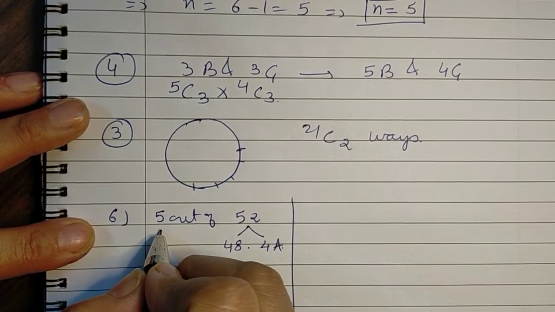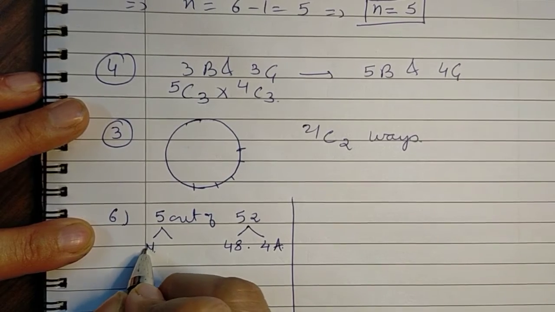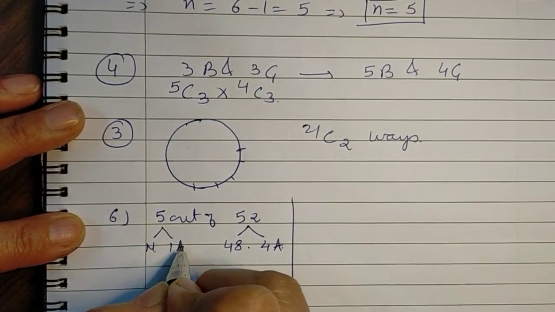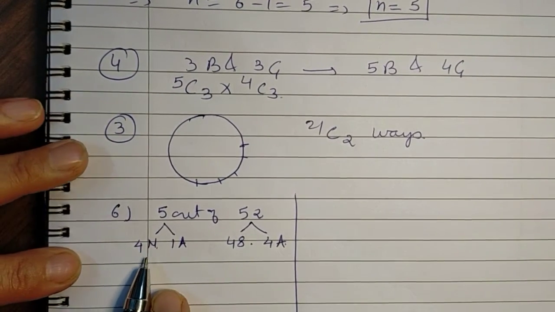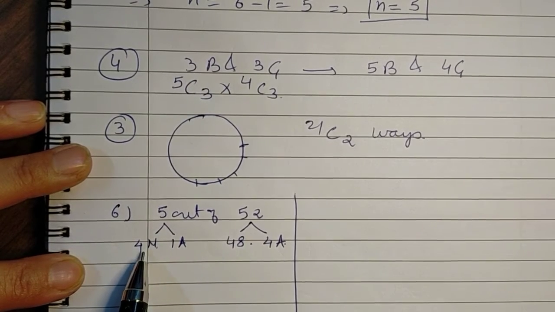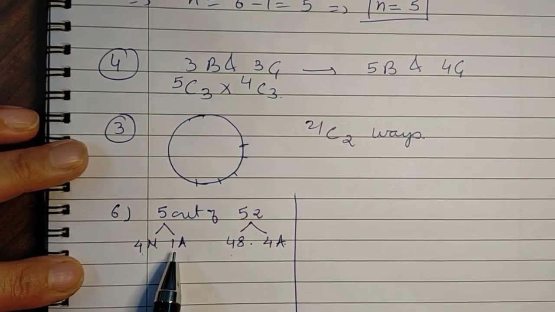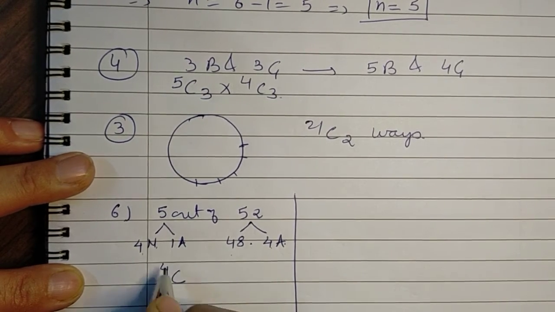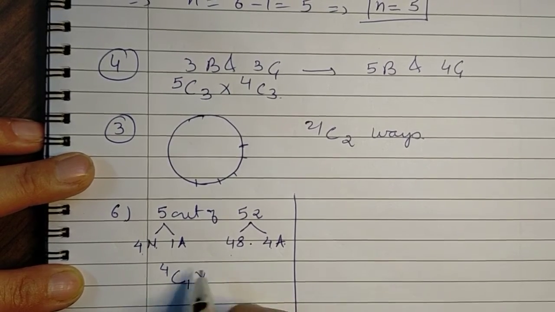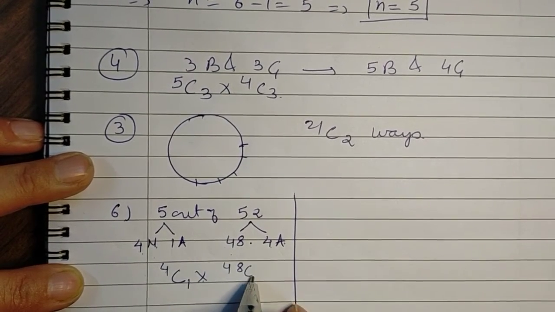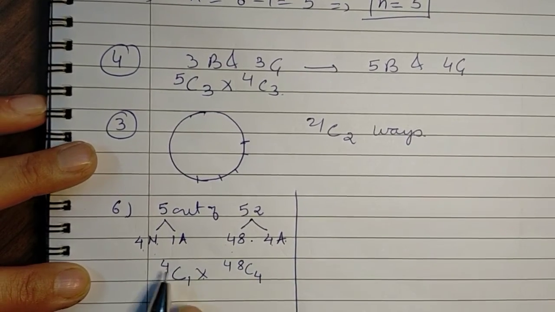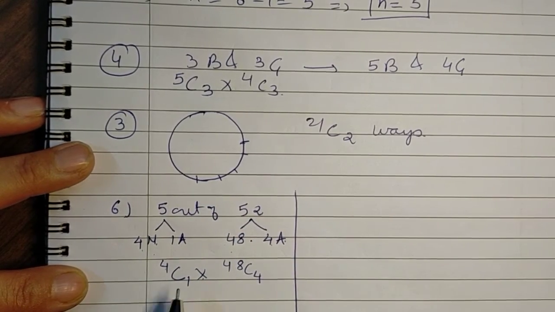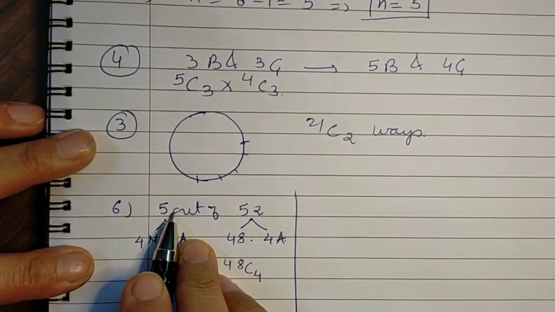So 1 requires to be an ace, and the remaining 4 have to be non-aces. So basically 4 have to be chosen from 48 and 1 has to be chosen from these 4. So total number of ways can be done in 4C1 and the remaining 4 cards can be done in 48C4 ways. You add it, 4 plus 48 is 52, the total number of cards, and 4 plus 1 is 5, which is the number of cards required.